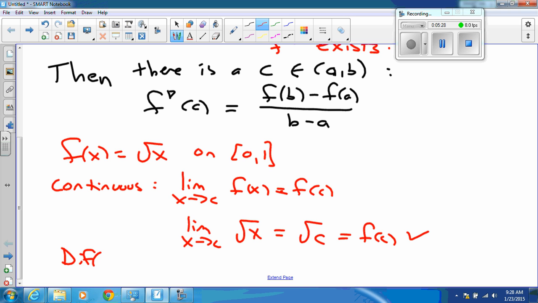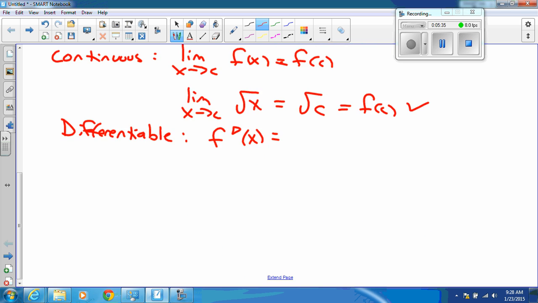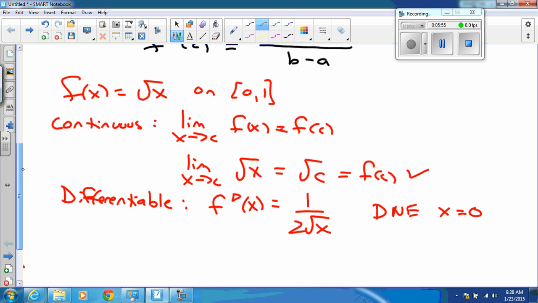Now for differentiability, I actually compute the derivative, and I get that f prime of x is equal to 1 over 2 square root of x. And I observe that when x equals 0, this does not exist. But for any x greater than 0, it does. So I go back to my domain, which is 0 to 1, and I say, hey, look at that.